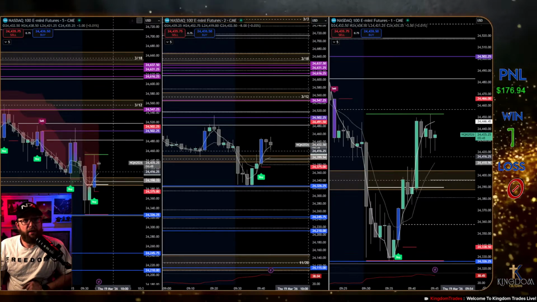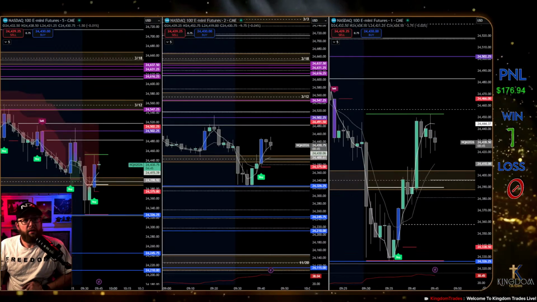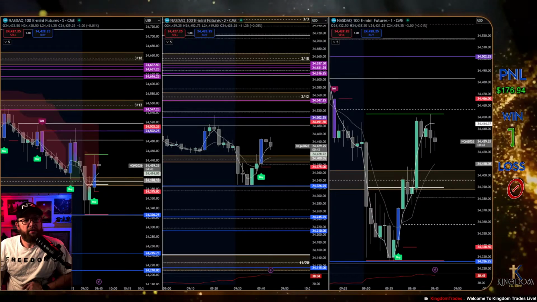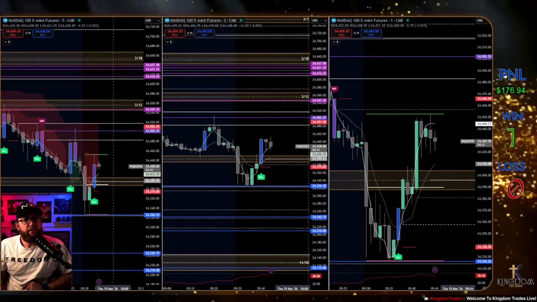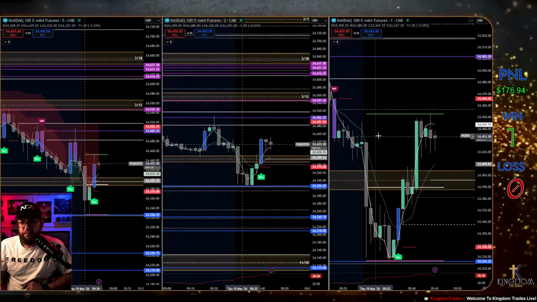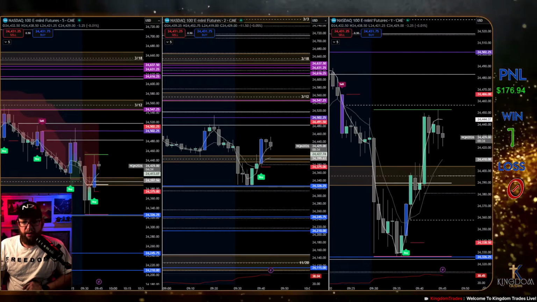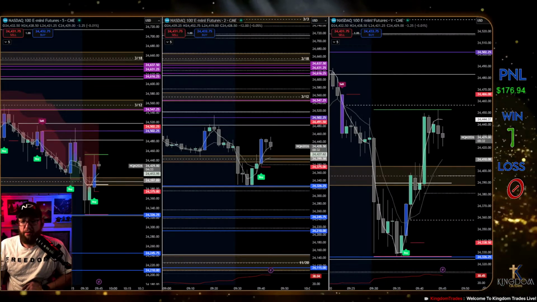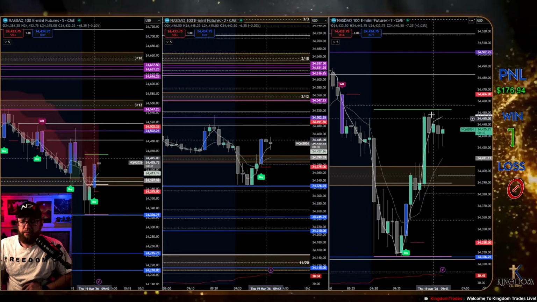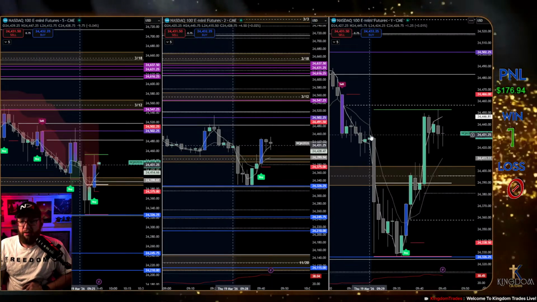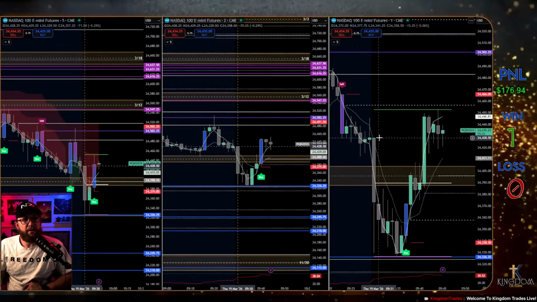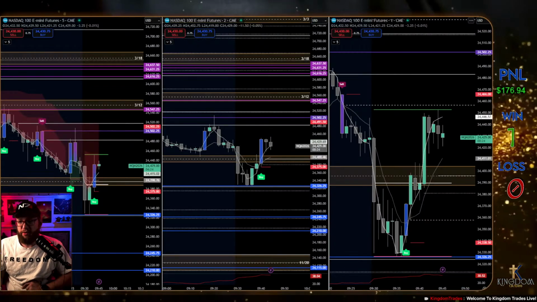Continuation push up, maybe? SPX still looking like it wants to go down. NQ is definitely stronger today. NQ already broke its opening candle. SPX tapped the top of it, and now it's pushing down.